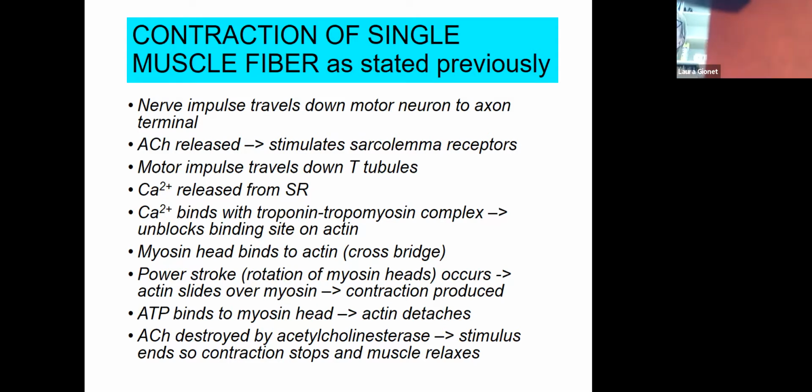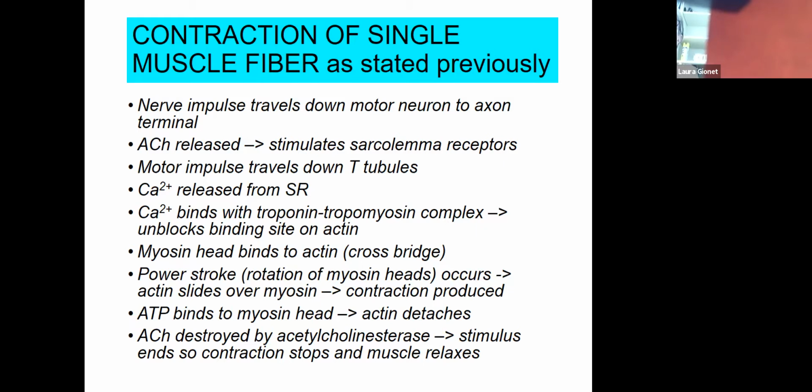It rolls over and uncovers the binding sites on actin. Now myosin can form the cross bridge, touches it. Then it power strokes, which is how force is generated. It has to form a cross bridge to do it, but the power stroke is really when things start sliding past one another. And thus actin slides over myosin and contraction is produced.